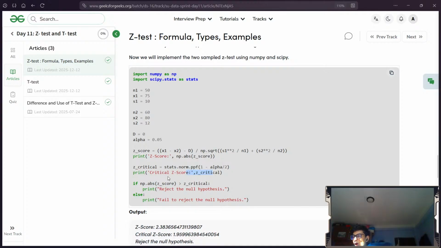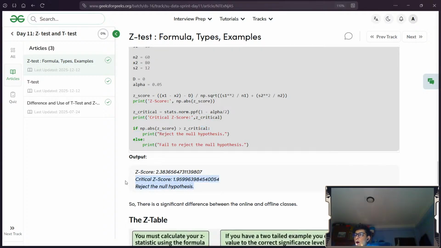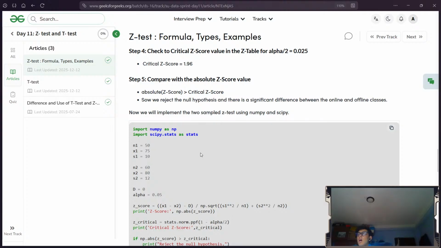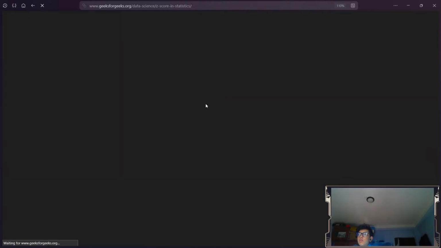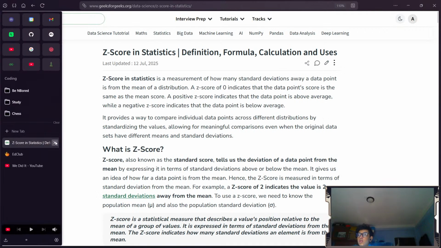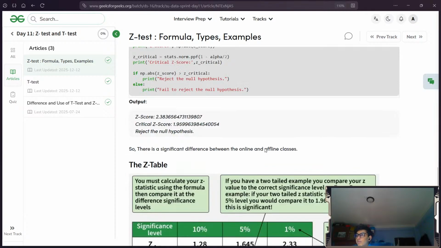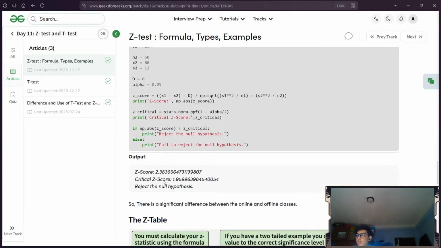Then check the critical score, and reject the null hypothesis. If the calculated score is greater than the tabulated Z score, then we reject. Otherwise, we accept.